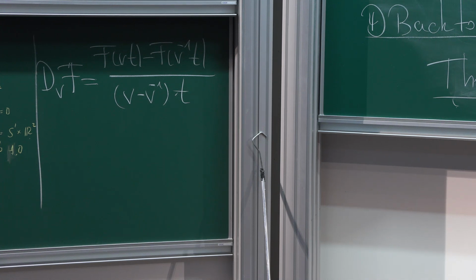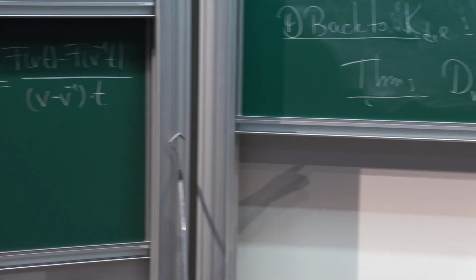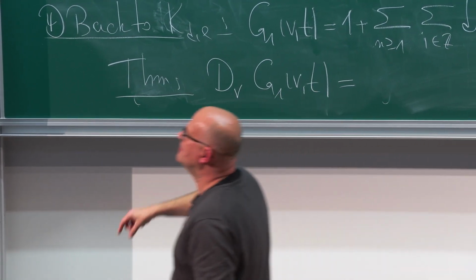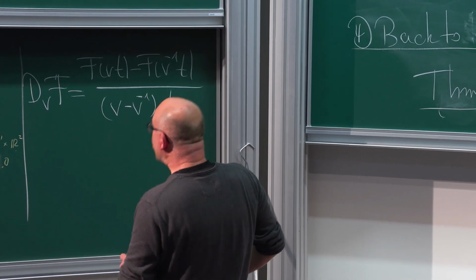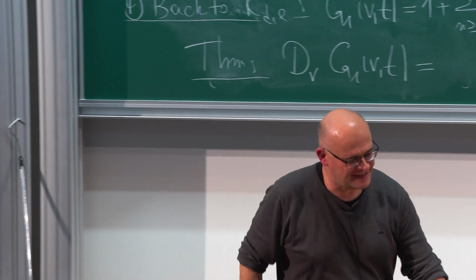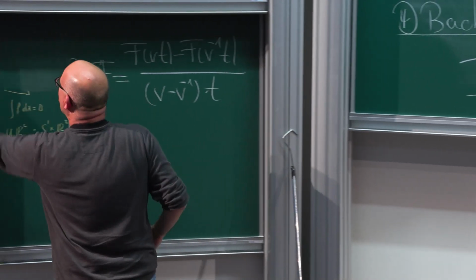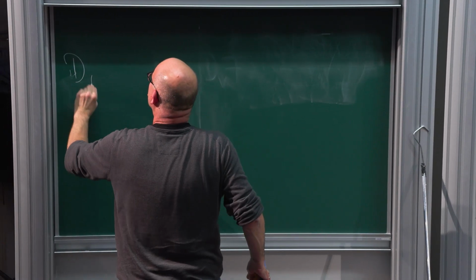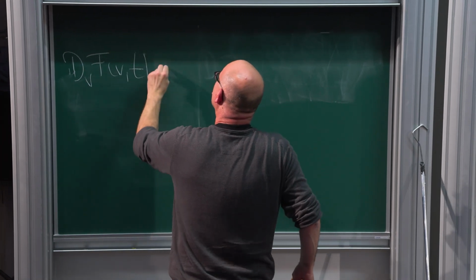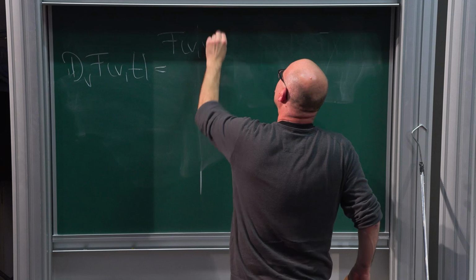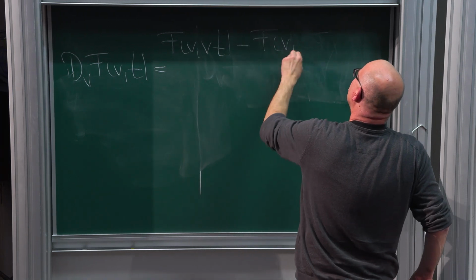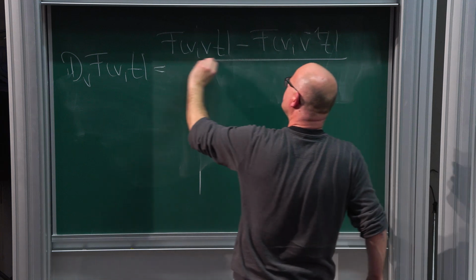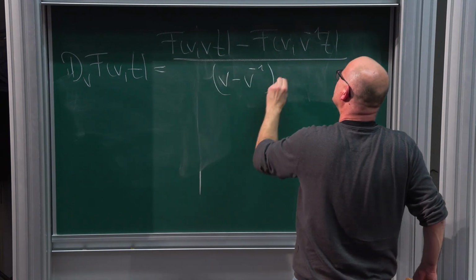It's a symmetric form of the usual q derivative. Let's define the derivative of a two-variable function as f of v, v t minus f of v inverse t, divided by v minus v inverse times t.